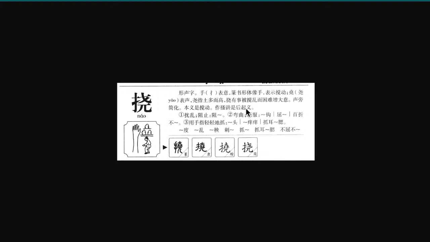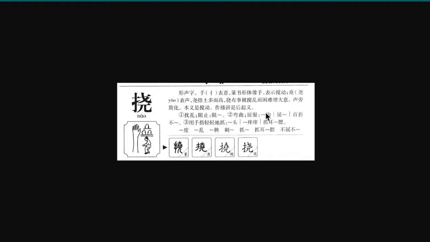That's why you can see there are three 土 over there, stacked on each other. That means this is a big hill, but this hill is not made of rock but of dirt. Okay, big amount of dirt, and so this is the meaning of Yao.